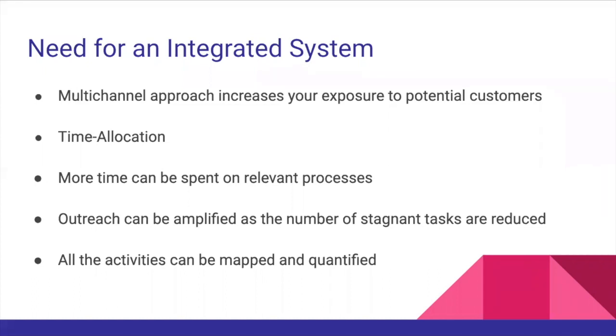Since that time allocation can be optimized, you'll have more time for relevant processes, and you can also reduce the stagnant task time allocation as well. And that is definitely going to increase your outreach. The best part is that all this can be done with a simple approach, and everything can be mapped and quantified, which is, of course, one of the biggest factors that we also emphasize on the use of integrated systems.